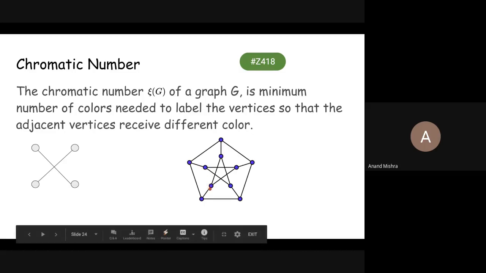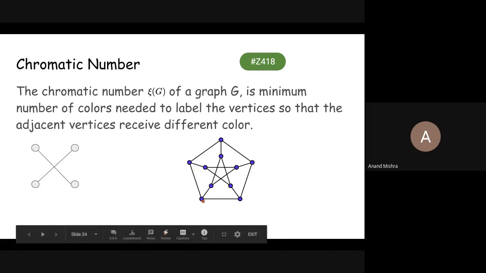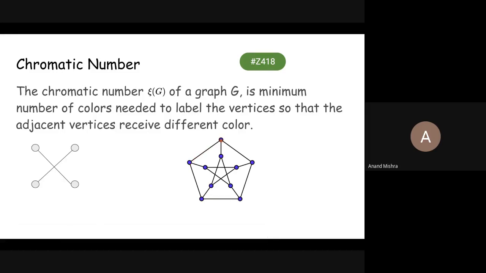This one, if I use red for all of them, there is no problem, right? But if I use red for this, I have to use green for this. But if I use green for this, I cannot use it, so I have to use yellow for this. And if I use yellow for this, I can still use green for this.